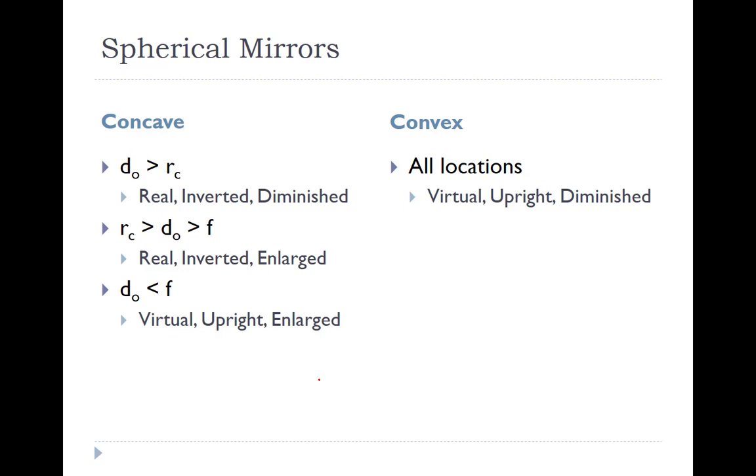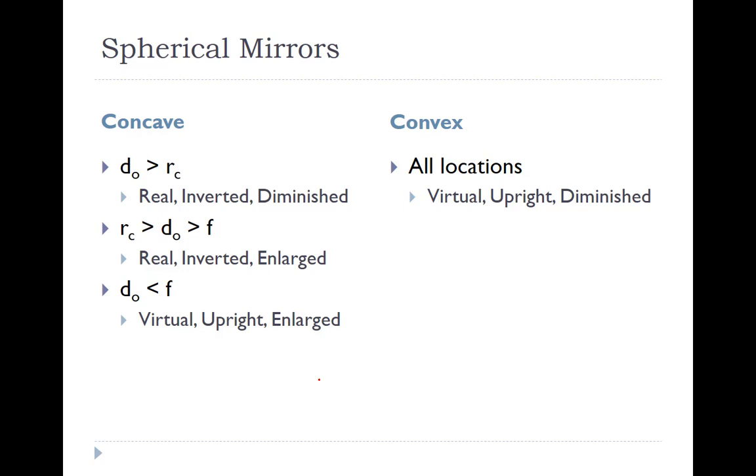So summarizing all of that, for a concave mirror, I can get 3 types of images, and it's all about where the object is relative to those 2 important points of the mirror. So if it's out beyond the center of curvature, the image I get will be real, inverted, and diminished.